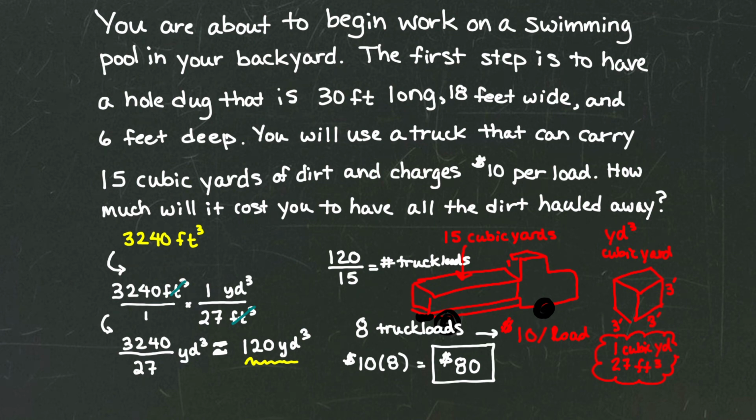Let's quickly summarize our steps again. First, we determined how many cubic feet of dirt we were digging. We then converted that into the number of cubic yards. From there, we divided by the number of cubic yards each truckload would take. And then we multiplied that number of truckloads times the cost per load.